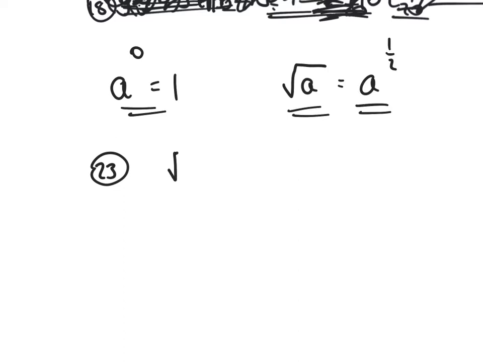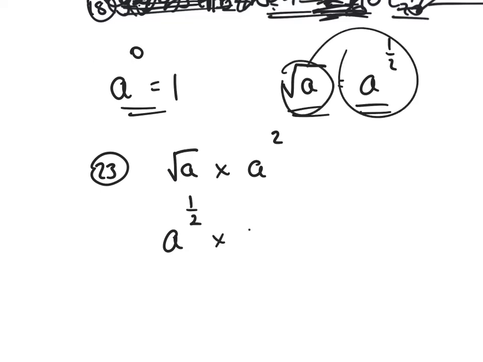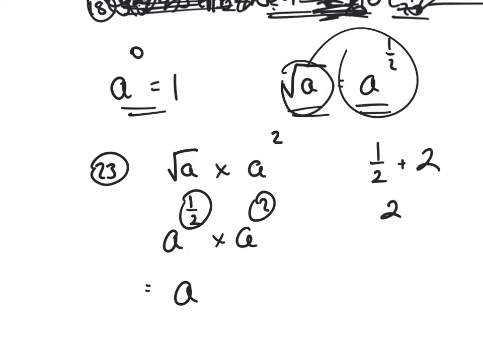So let's simplify root a multiplied by a squared. Okay, first of all, let's write square root of a as a to the half, since that is the rule. Multiply by a squared. Okay, so we're going to add these together. So 1/2 plus 2, well, that's 2.5.